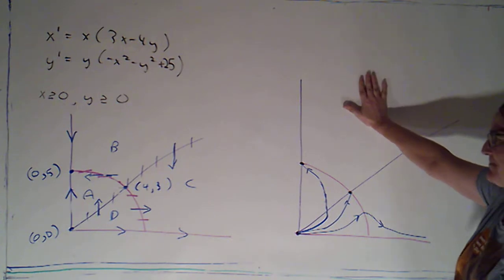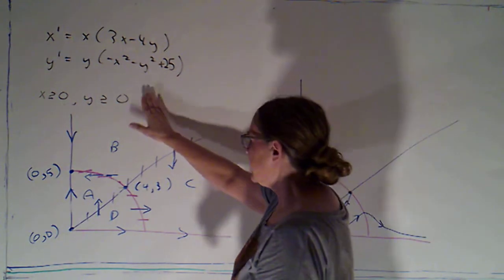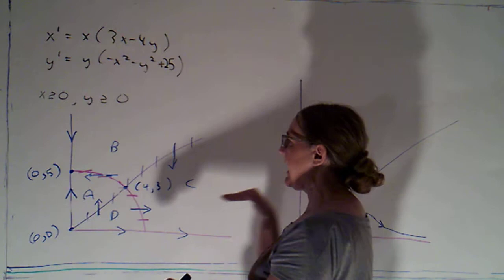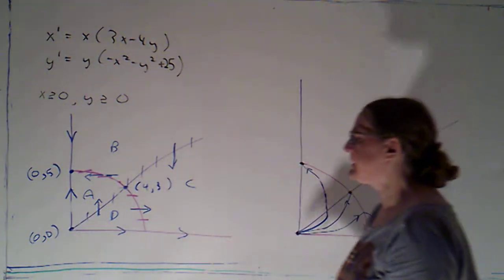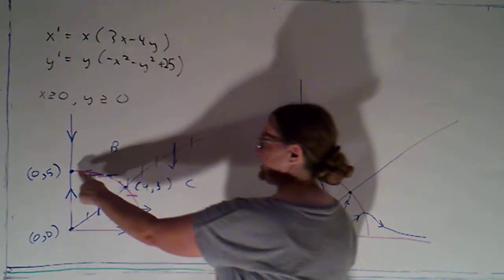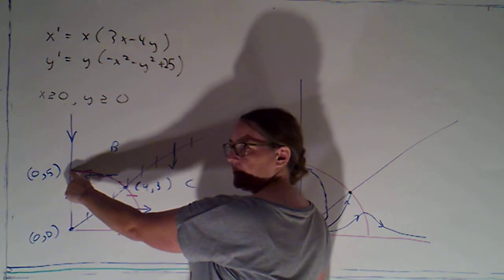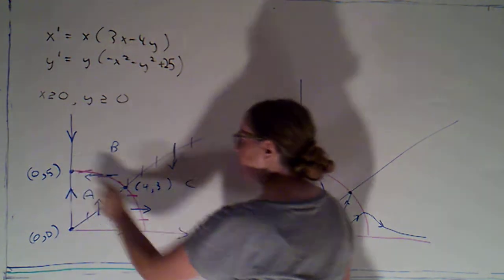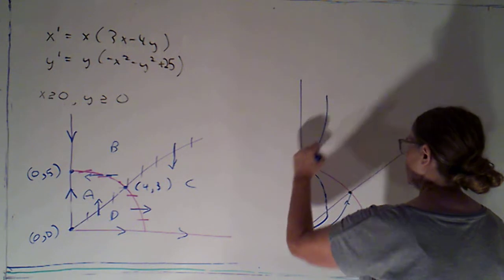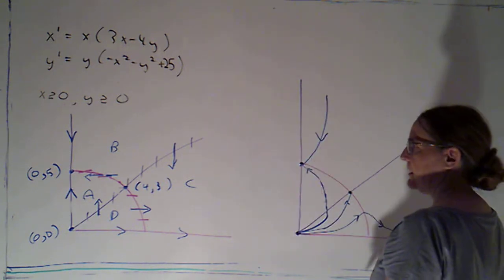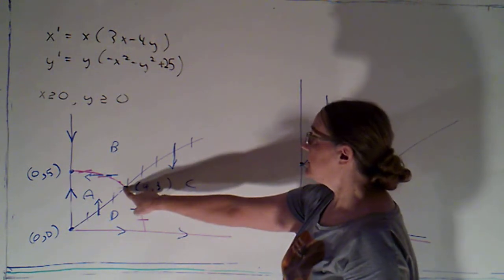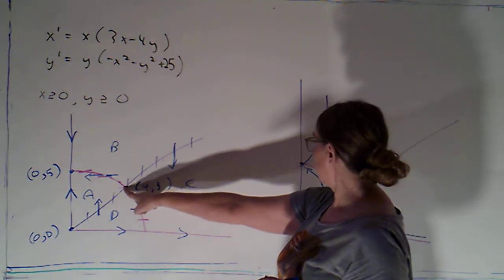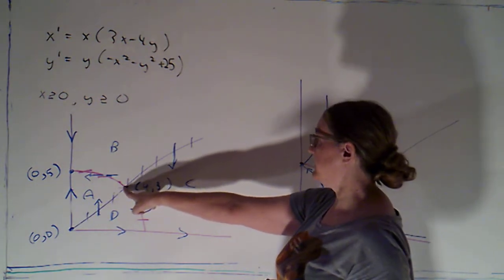So let's look at B. So if I'm in B, we're going down and left. So let's see, I see two equilibrium solutions here. Can I start in B and approach this one by going down and left? Yeah, absolutely. I just did. Okay, can I start in B and approach this equilibrium solution by going down and left?